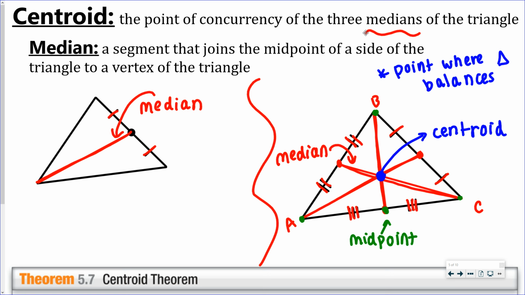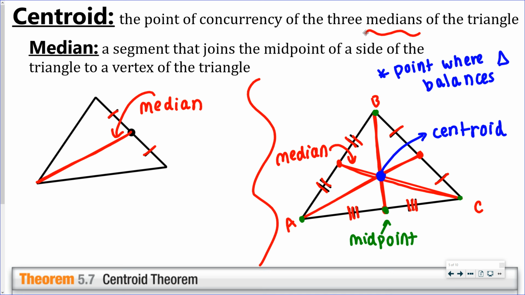So I drew this little triangle in RTI, and I just estimated the medians by taking my ruler and measuring the distance of each side and then finding the midpoint. And then I took my straight edge and drew the segment from each vertex to the midpoint. Okay, and then I found where they intersected. So if I were to balance this on the eraser of my pencil, don't blow this.